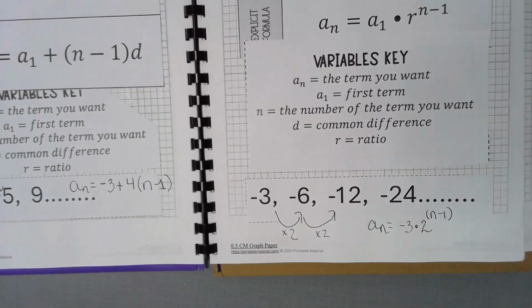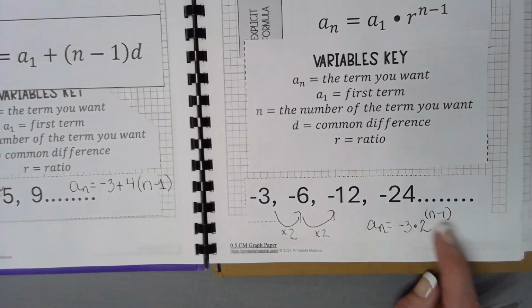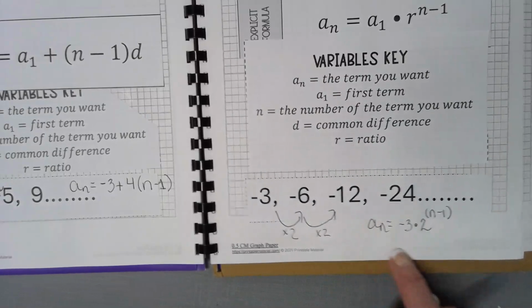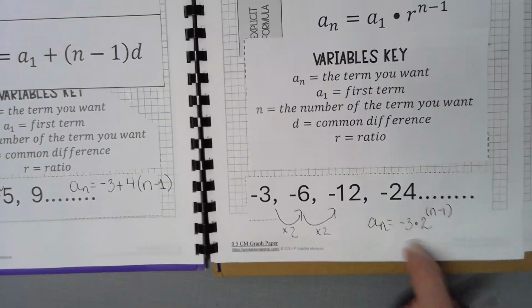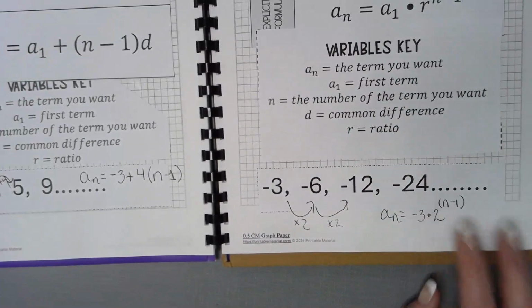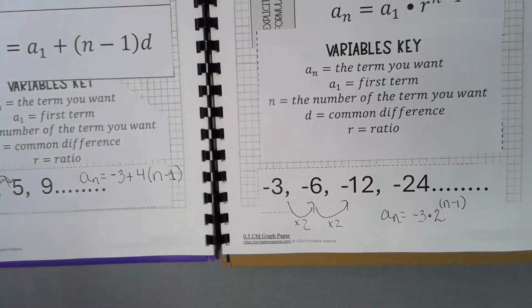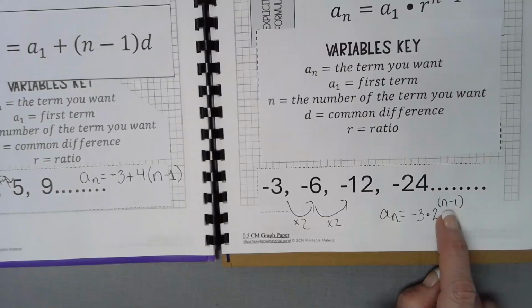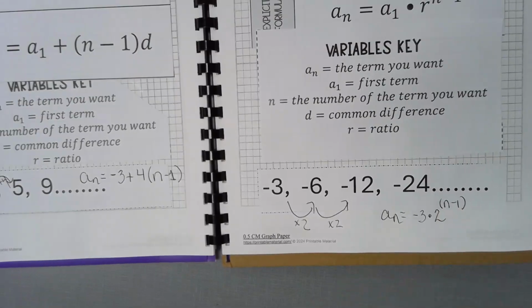Okay, so for the n, will there eventually be a number? That's a great question. What we're learning is we're going to write an equation and we're going to learn that we can plug numbers in for this to find answers. Yes, that's exactly right. And that's the reason why I'm putting that n minus 1 in parentheses, because when you go to plug it in the calculator, Maddie, you're going to want that n minus 1 in parentheses, or it'll give you the wrong answer.